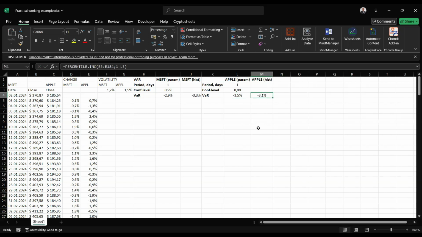And here you can see the historical valuation that is actually less. Because of that difference, we cannot definitely say which of the methods underestimates or overestimates the risk.